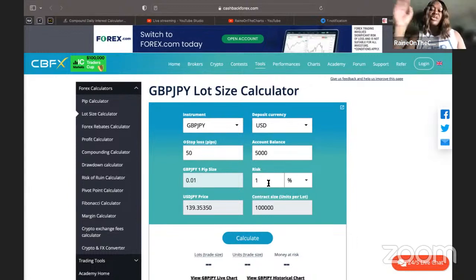When it comes to risk, I'm going to go over this. If you don't take anything else from this call, please take notes on this, process this, it's important. As a new person, you want to risk no more than 1% of your account for your trade. You can risk 0.5%, right?